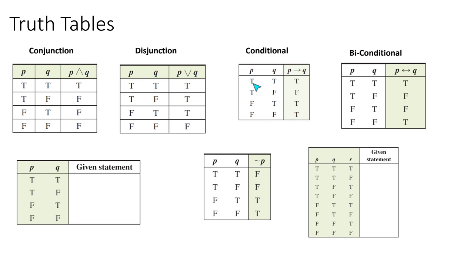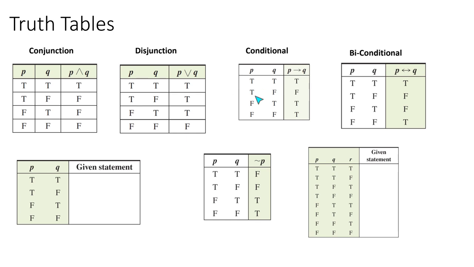Let's say I'm talking to my nephew, and I say, if you run 10 laps, then you will get a car. So let's say my nephew runs the 10 laps, then that's true. And I give him the car, then that's true. Did I break any promises? No. So then this whole statement is true. I did what I said I would do.